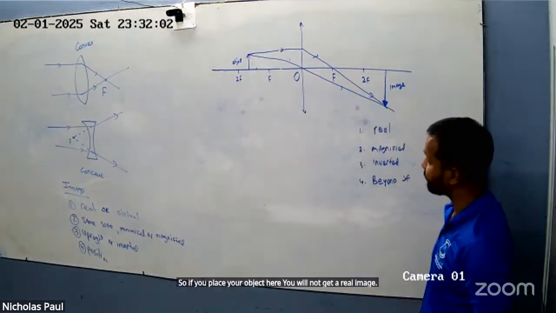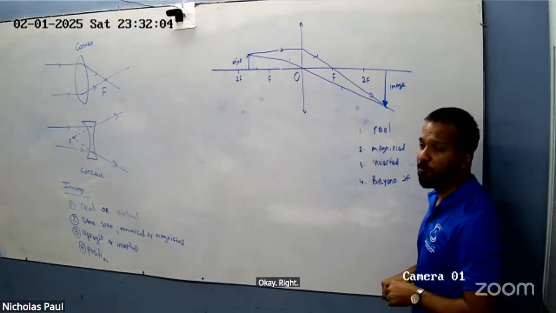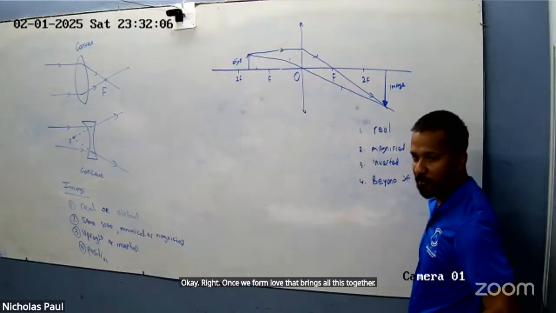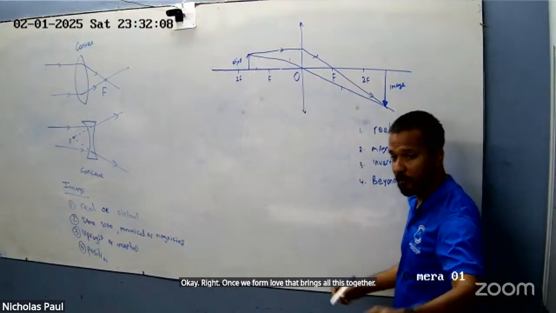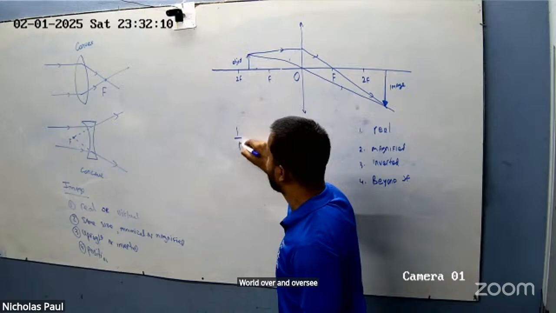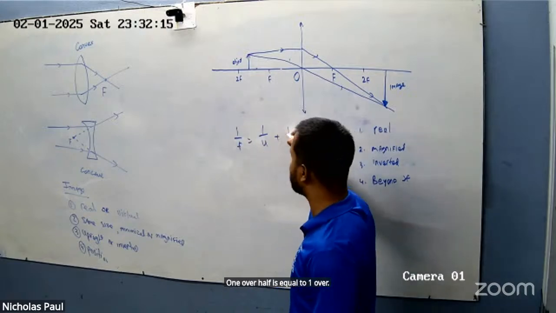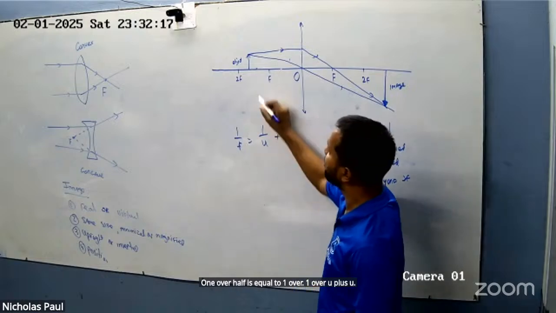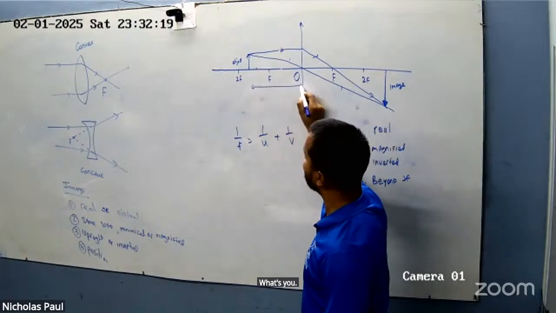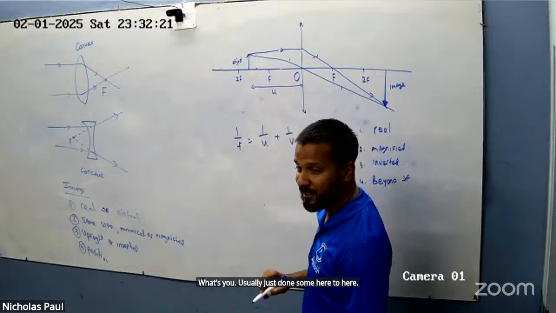Okay? What's the formula that brings all this together? 1 over F is equal to 1 over U plus 1 over V. What's U? U is the distance from here to here, the object distance.